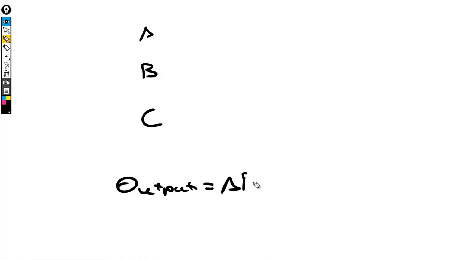So let's take a larger circuit. Let's take the 3 inputs, A, B, C. The equation for output is going to be AB plus C bar A plus B bar.